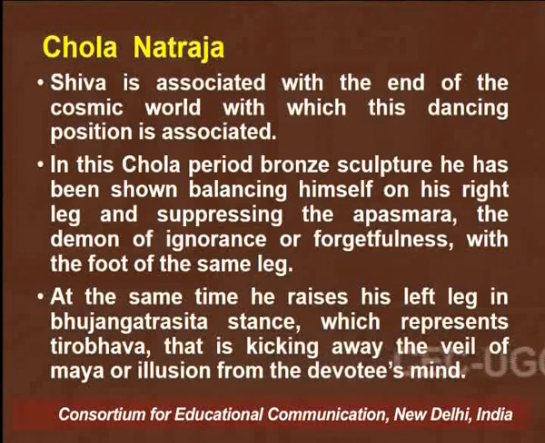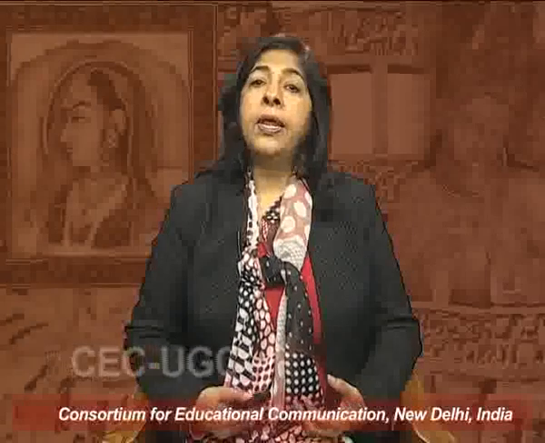At the same time, in this particular posture, he raises his left leg in Bhujangatrasa stance, which represents Tirobhava, that is kicking away the veil of Maya or illusion from the mind of the devotees.